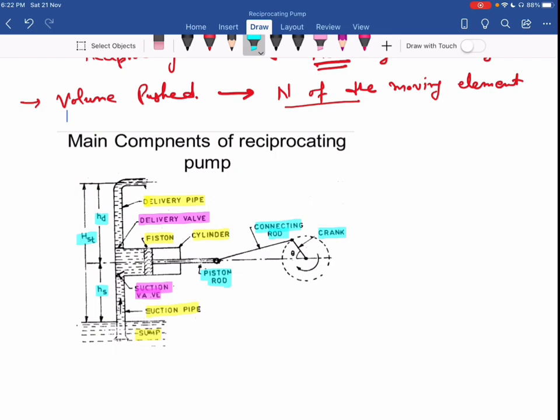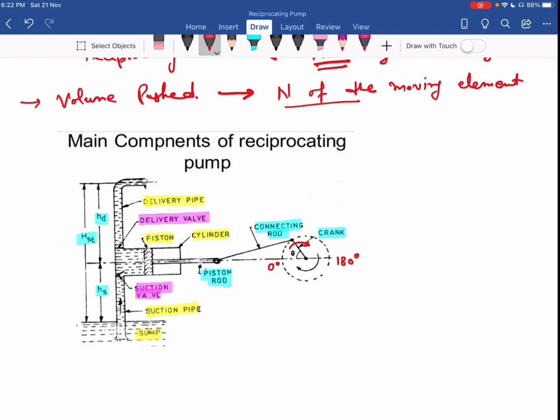Now here, the rotating element is our crank. This crank rotates initially from 0 degree to 180 degree, in the clockwise direction. When the crank rotates from 0 degree to 180 degree, our piston moves from extreme left to right.